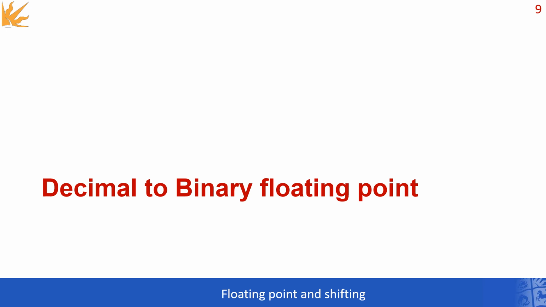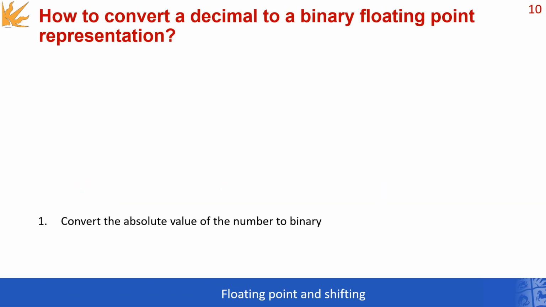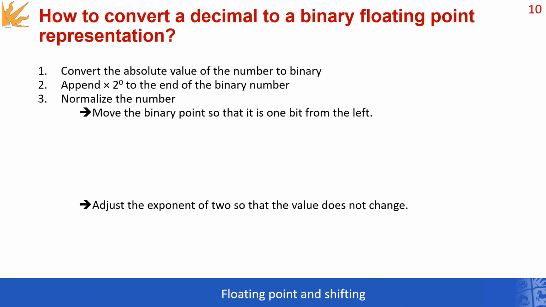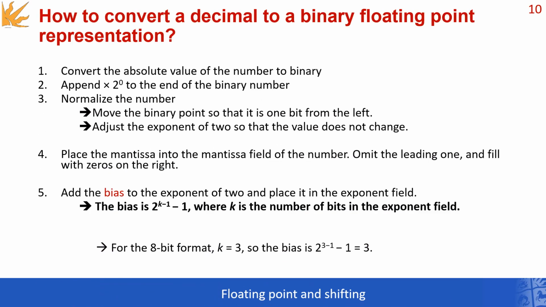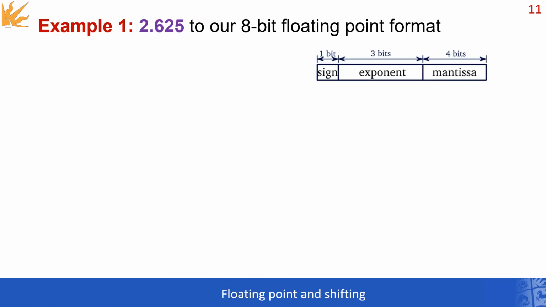So how do you convert a decimal number to a binary floating point number? Let's now see how you convert a decimal number to an 8-bit floating point format. We're going to go through all the steps of the algorithm using this particular example.